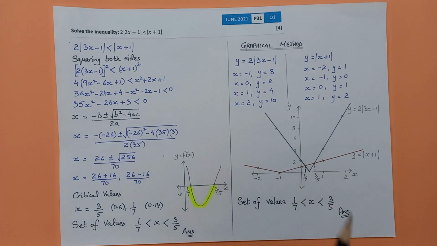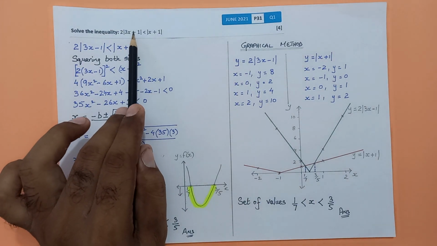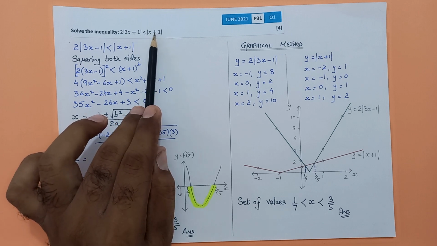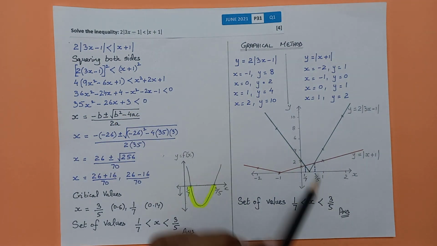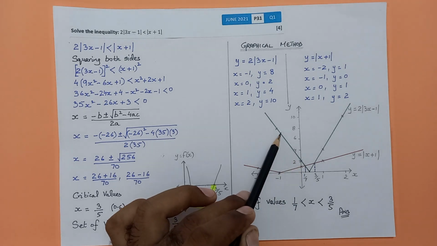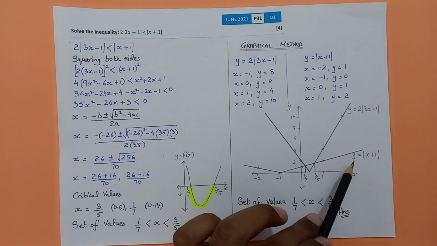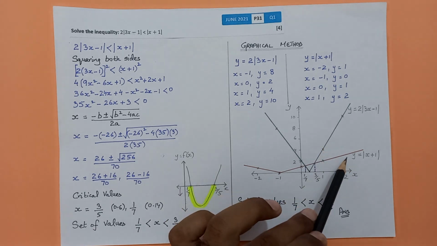By looking at the graph, just look at that particular area where the green line is less than the red line. Over here the green line is above the red line, which means green is greater than red.